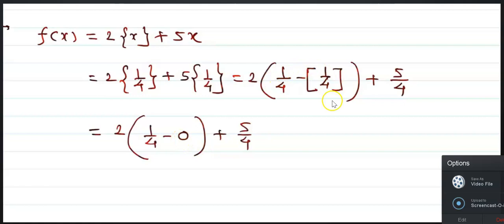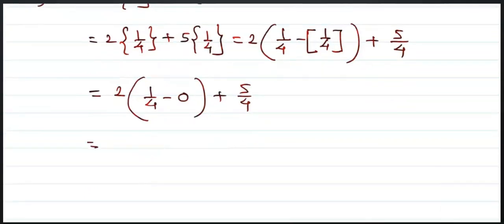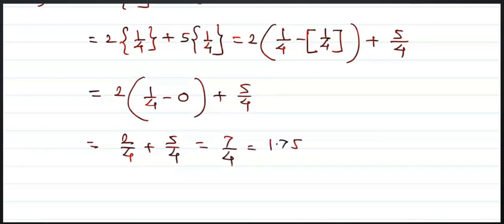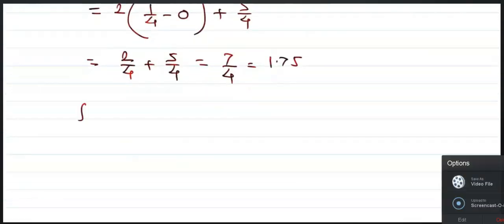This is very important. Plus 5 by 4, and after simplification you will get 2 upon 4 plus 5 upon 4, which equals 7 upon 4, which equals 1.75.